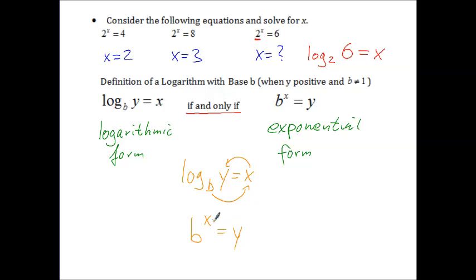Looking at how the x and the y switch places here, in a logarithm we wanted to find the logarithm of a certain y, and the answer was x. Down here in the exponential form, we get x as the input, as the exponent, which gives us a certain y as the output. We can tell that these two types of functions are actually inverse functions. Keep that in mind, and we'll get back to that later in this unit.